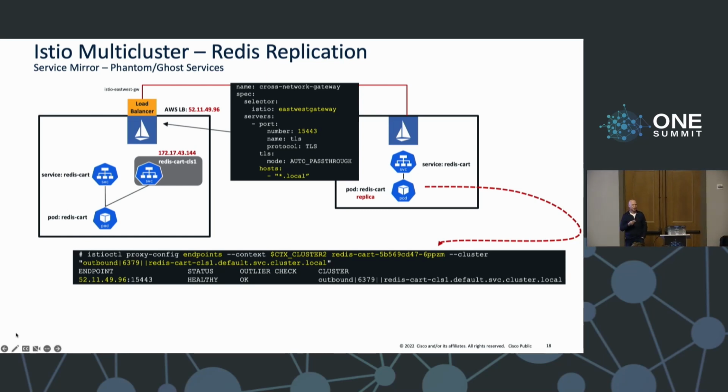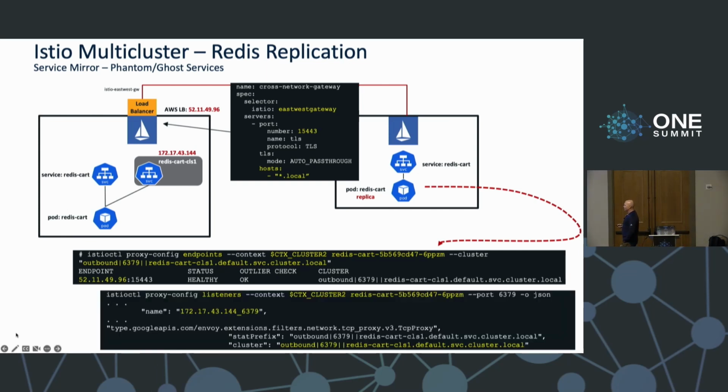And it tells it 2 bits of information, very similar to what Linkerd did. It tells it how to get to the cluster. That's that endpoint value. So it says, hey, if you need to get to this cluster where this service resides, you're going to come to this endpoint, which again, in this case, is an AWS load balancer.